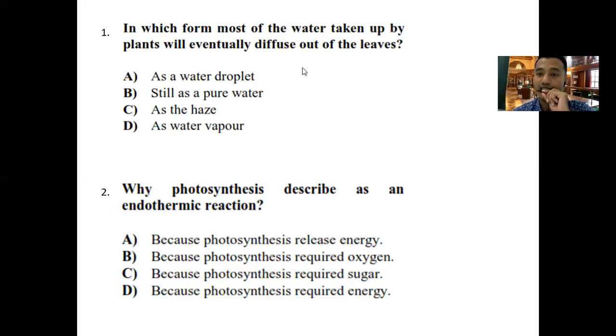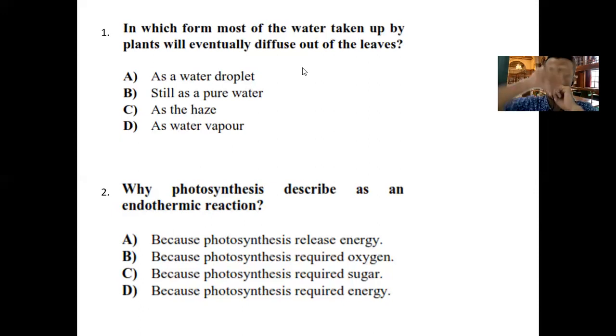It changes the state of matter. Once inside the plant, the water is in the liquid state, but after that it changes into gas, so it can evaporate into the environment as water vapor.